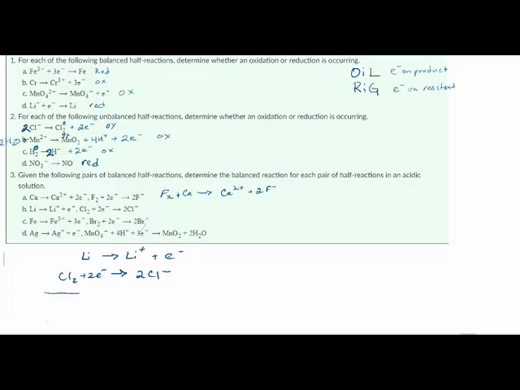And that will increase our electrons so that they match. So I would have 2 lithium plus whatever I have in my chlorine. I'm going to put the electrons in this time. 2 lithium, 2 electrons, and then my chlorine. Then I can remove the electrons, and my overall reaction would look like this.